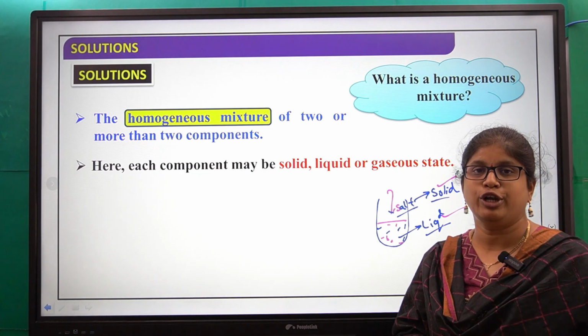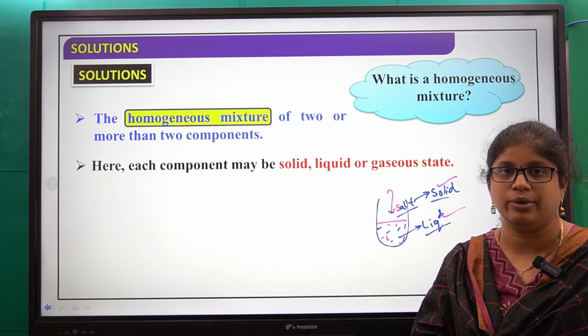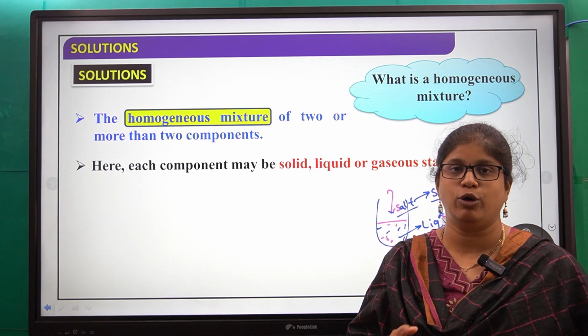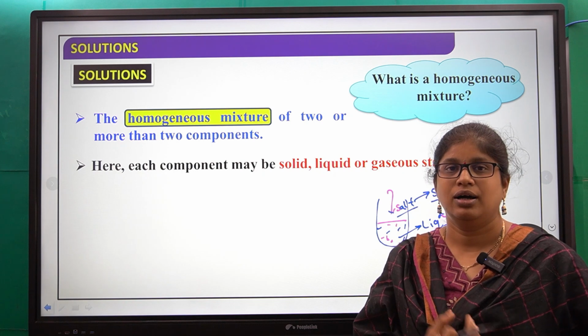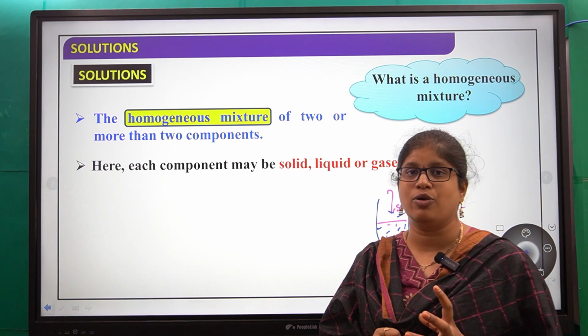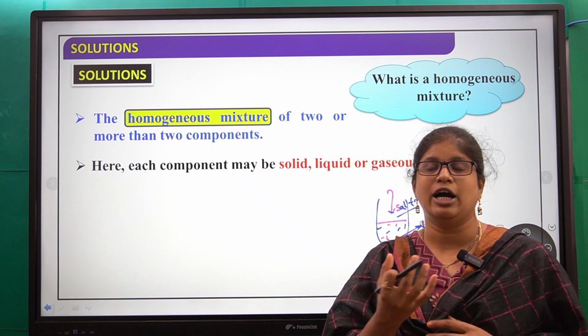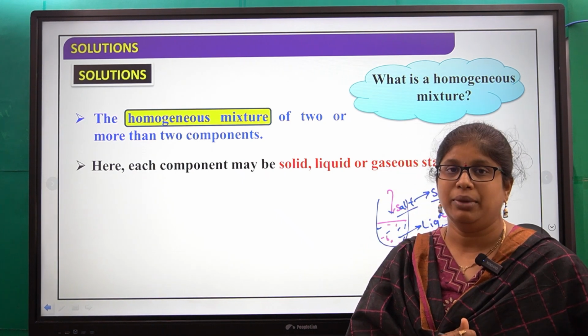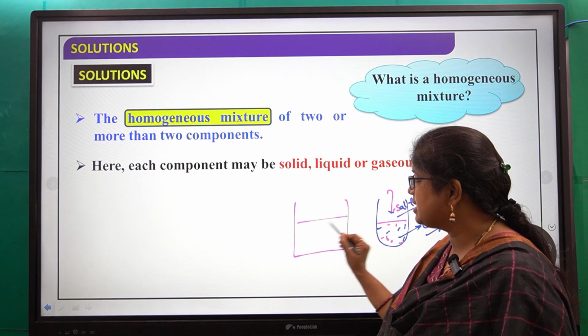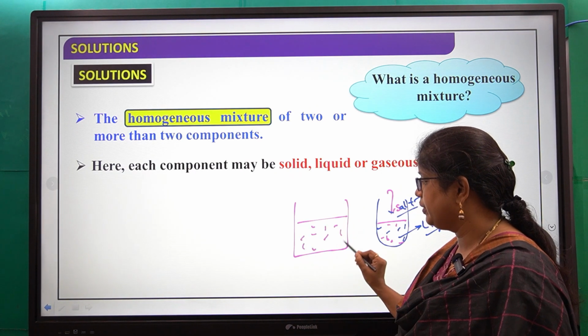And for example, if you take soda, when you open the cap of that soda bottle, what will you observe? You will hear a hiss sound, right? Where does that sound come from? The gas is coming out from that solution. That means the drink contains gas in the water.